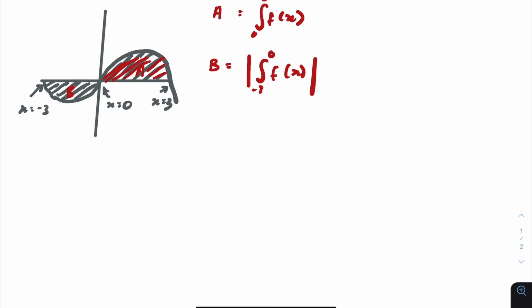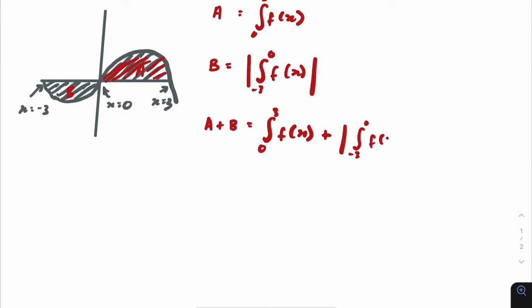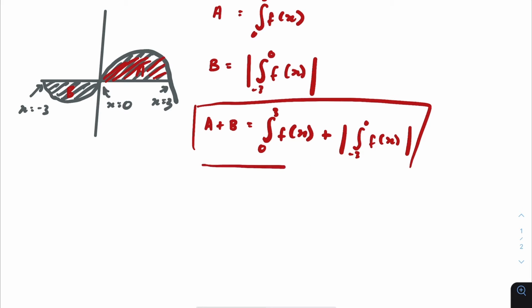And then after that, you'd add up the 2 areas. So the whole area would be that. And in this way, we can get a good approximation of the area. So that would be how we'd evaluate it.